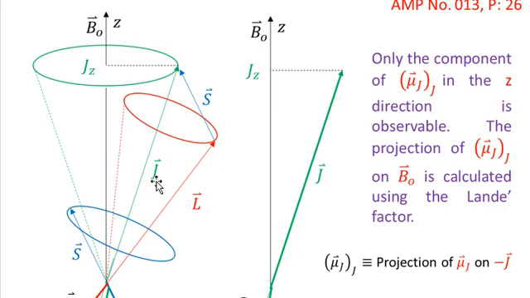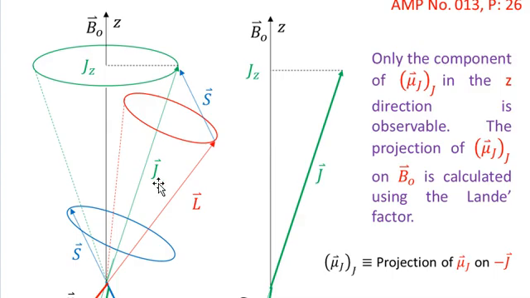But when you apply a magnetic field to an atom, for example, in this case, we are representing the magnetic field by B naught in the Z direction, then of course the vector J, which is the total angular momentum of the atom, will carry out its precessional motion about the magnetic field B naught in the form of this loop. That is, the tip of the vector J will trace out this loop and will keep on tracing this loop. This is called a precessional motion.